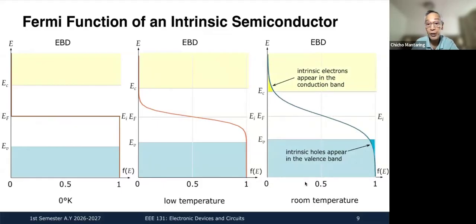But at room temperature, meron ng valence bonds dito na less than 1 na yung probability that they exist. In other words, meron ng nakalikas na mga electrons dito, andito na siya sa conduction band. Dito, the probability is no longer 0. It's already greater than 0. So I already mentioned that those are your intrinsic carriers. Remember that this is an intrinsic semiconductor.